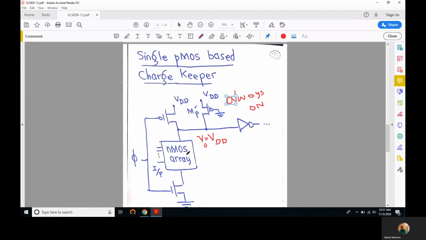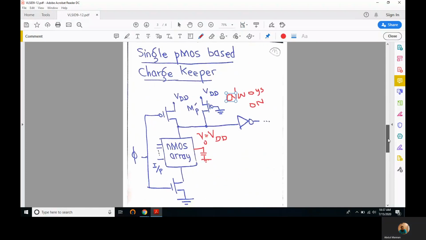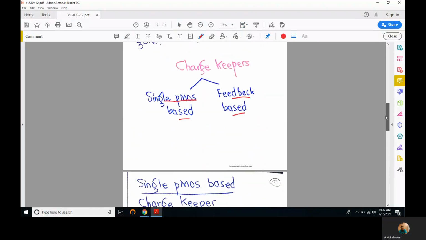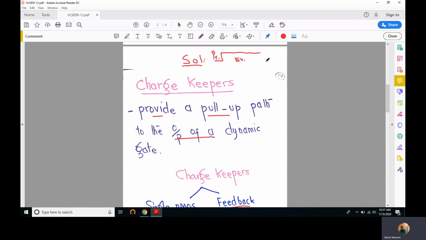Even if we introduce some capacitances here, or certain inputs are on, even then the output doesn't go below VDD, because there is a path that is continuously introducing this VDD here. So this is one way we can keep the output at VDD and can have a longer evaluate interval.